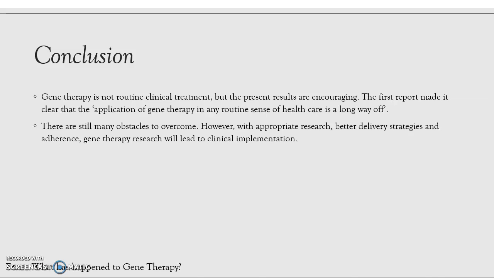There are still many obstacles to overcome with our new technology, different strategies can be implemented, and clinical research will be constantly done. There's always something to learn every single day about gene therapy and new diseases and how to cure them.